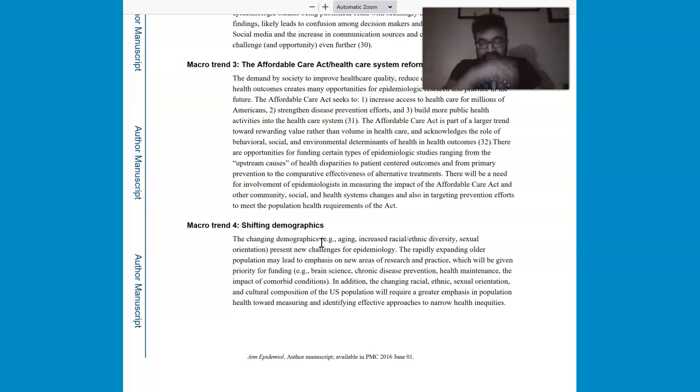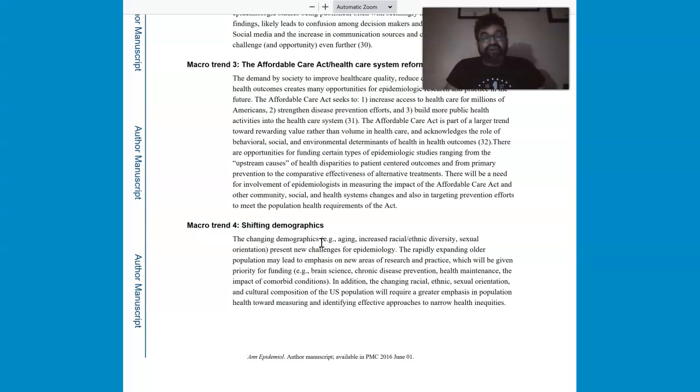You still are spending time with neuroscience, chronic disease prevention, health maintenance, the impact of comorbid conditions. But in addition, we're having to grapple with some of the social issues that are critical to our nation, such as ethnic, racial, sexual orientation, cultural composition of the U.S. population.